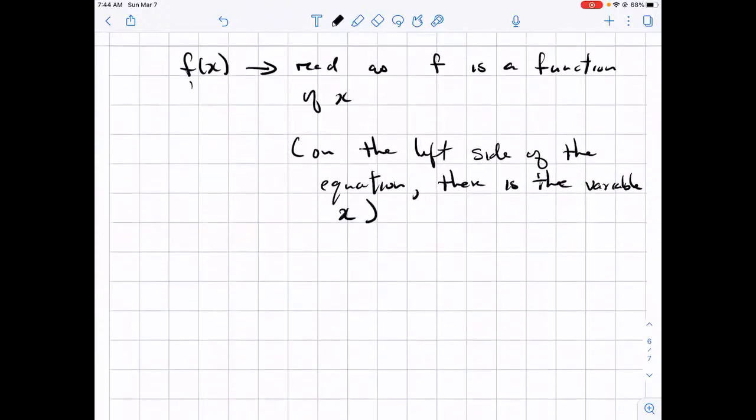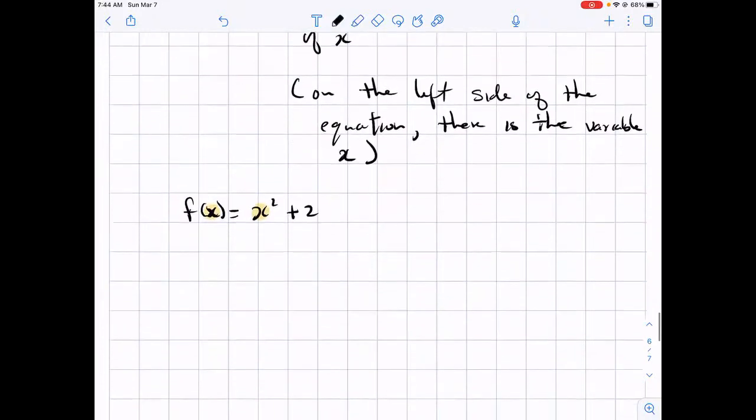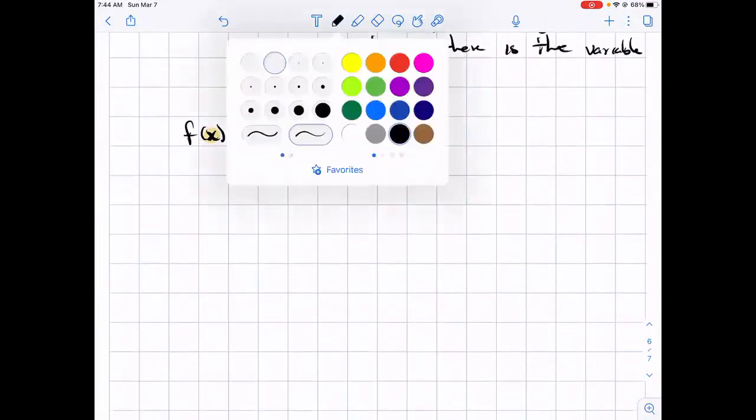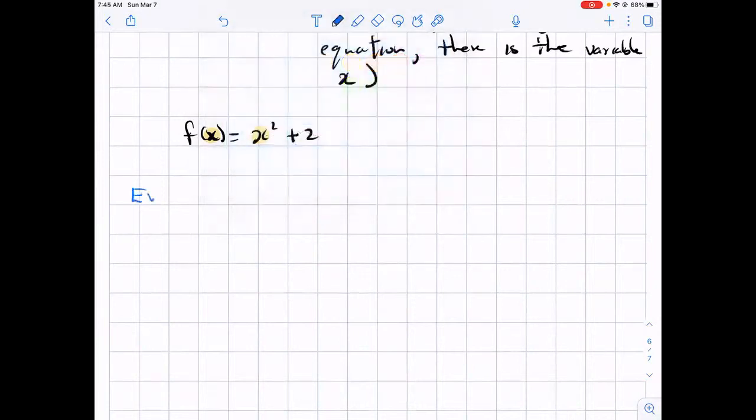So if we have f of x equals x squared plus 2, because there's an x here, you should expect it to be the same x, not a different x. So these are just different ways of writing things, okay? Now, this helps us because now we're able to evaluate a function.